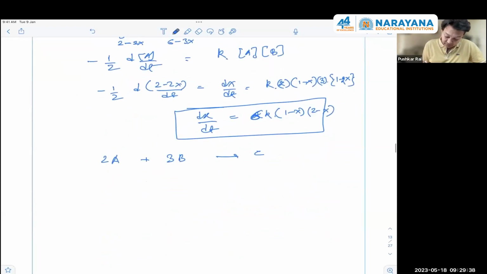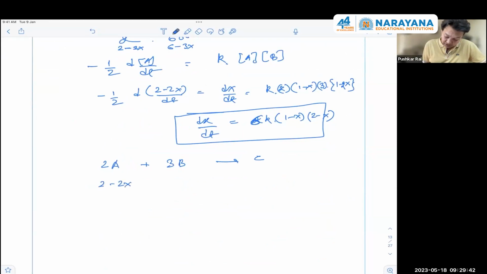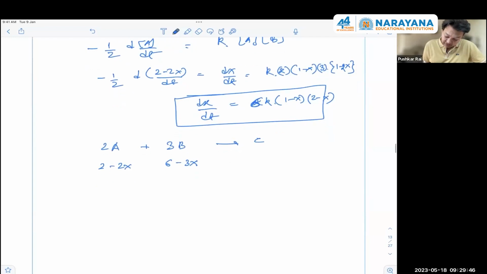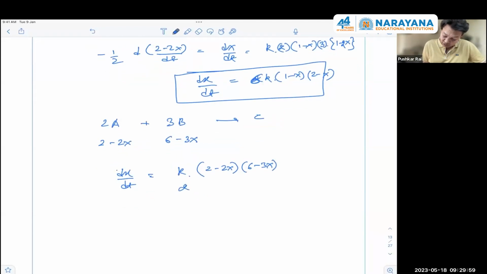Anyway, this is 2 minus 2x. This is 6 minus 3x. So dx by dt is equal to k times (2 minus 2x) and (6 minus 3x). So I can take 2 common here, and from there I'm getting, take 3 out.